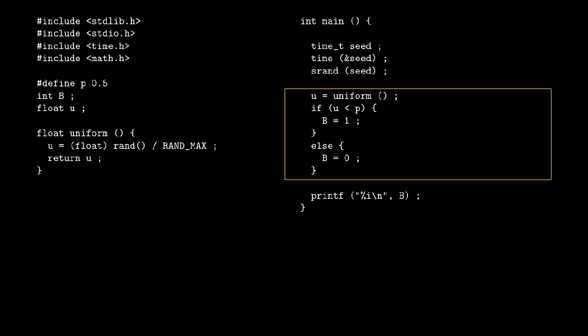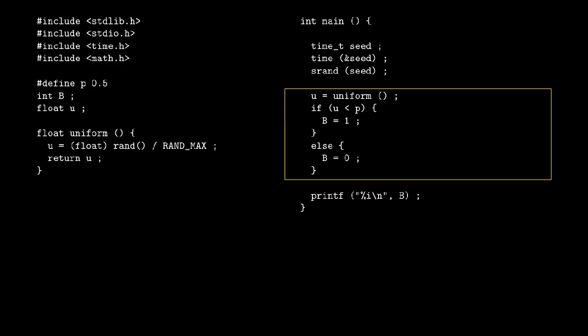That's what I explained on the board. Now what we do is, in the main program, we call u equals uniform. So we are going to call the function defined on the left, called uniform. Then that means that we take a number uniformly at random between 0 and 1, in the interval [0, 1], and then we do this test.